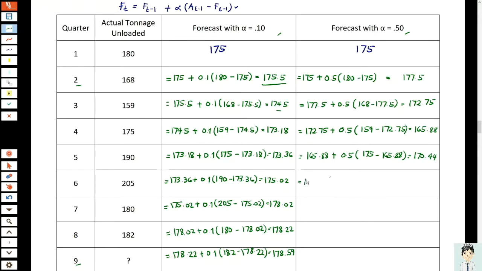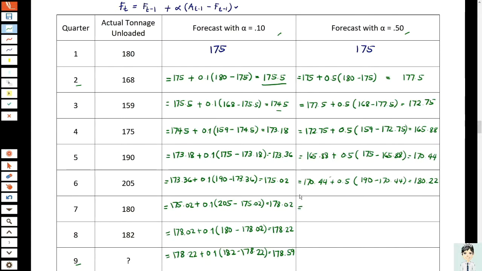Next, 170.44 plus 0.5 is 190 minus 170.44 is equals to 180.22.